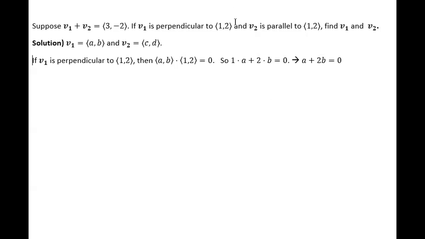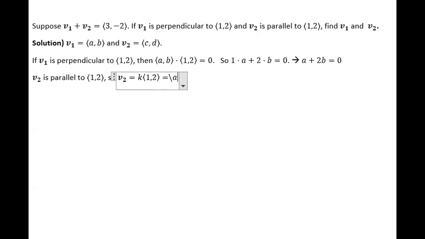Now let's think about V2 is parallel to (1, 2). So we must have V2 to be some k times this (1, 2). Okay. So that means, well, I guess we don't need to really write C, D. I'll just write this.